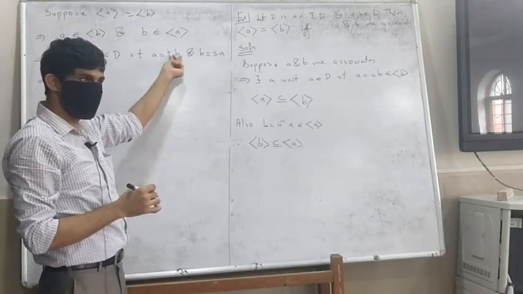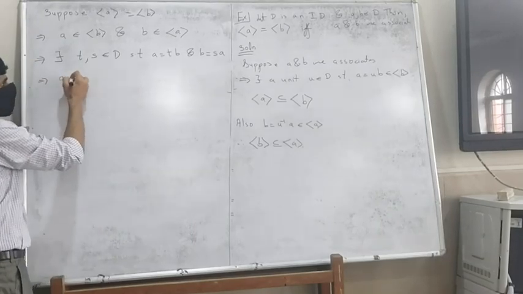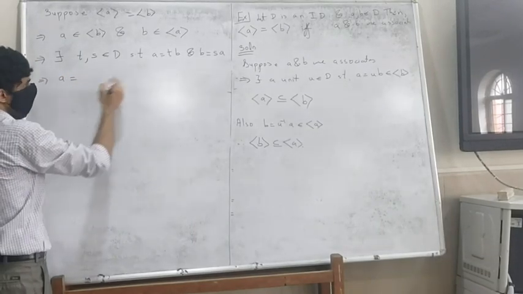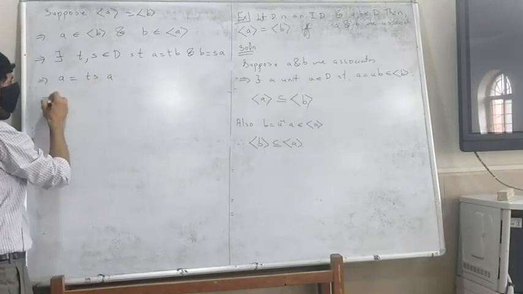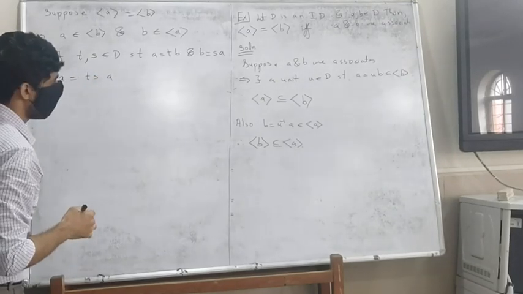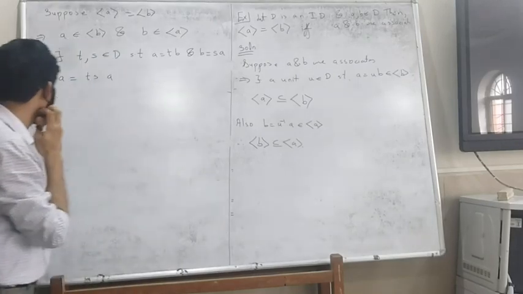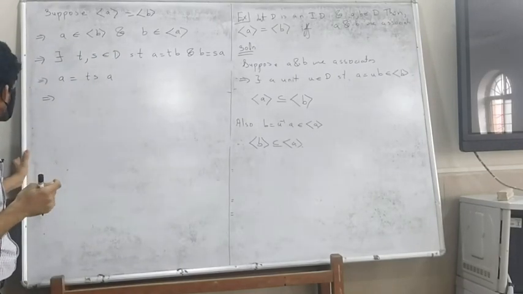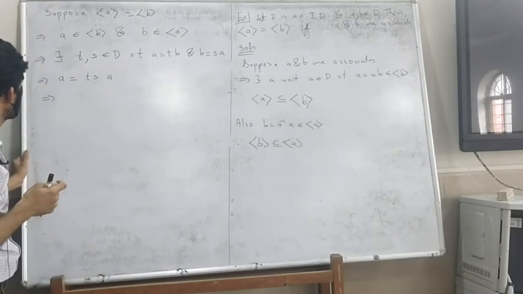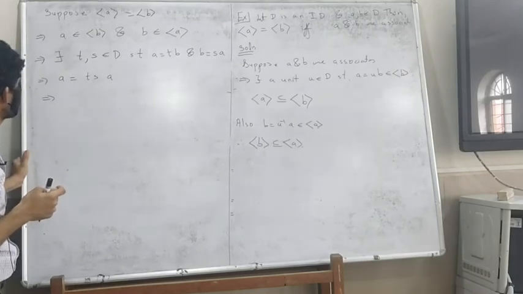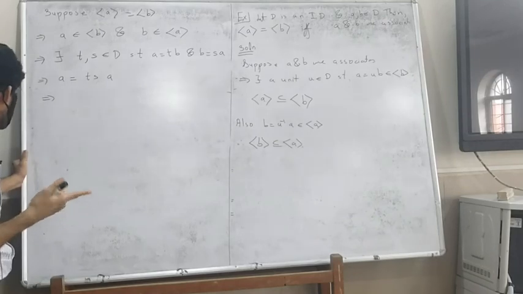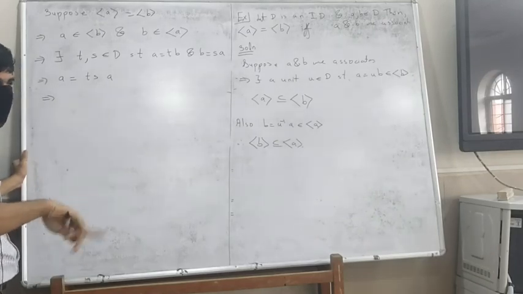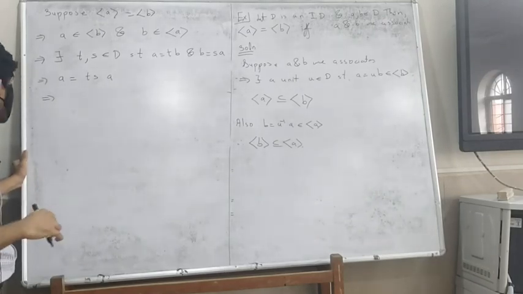Now what can you do? Take this substitute here, we'll get A equals TS A. Yeah, that's a small consideration, that 0 occupies a single equivalence class.